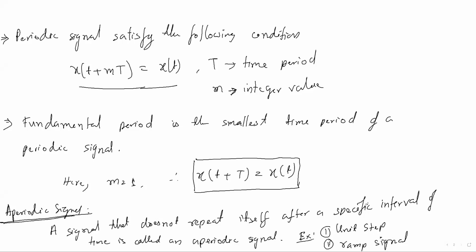So these are the definitions I have given. Sometimes you need the derivation of the time period, or derivation of the fundamental time period of the continuous time signal as well as the discrete time signal. So now we are going to derive the equation for the time period, okay, the fundamental time period.